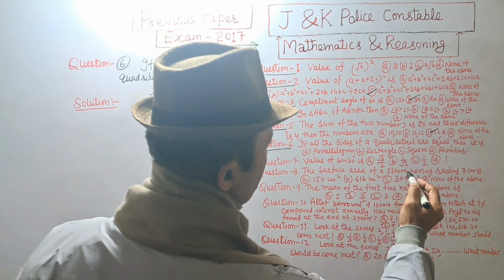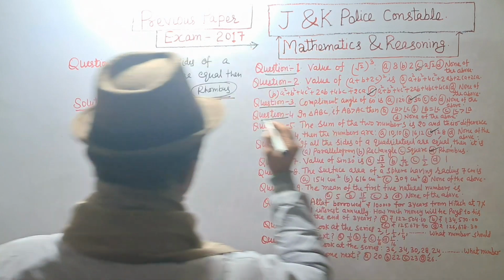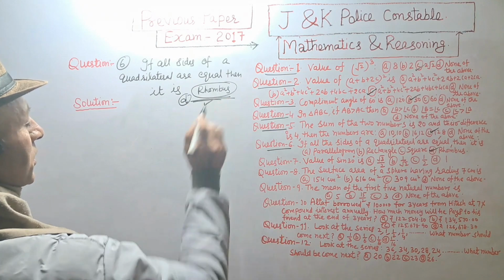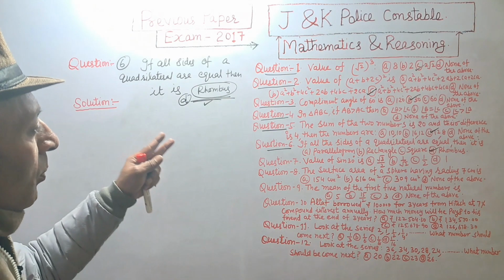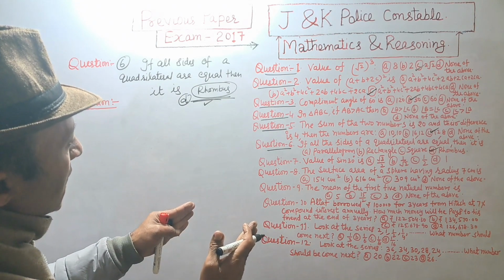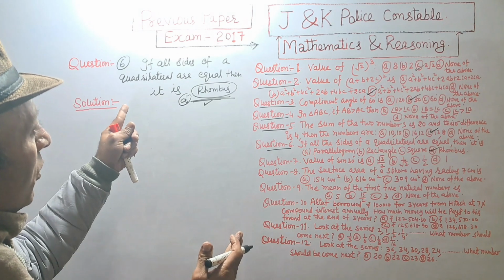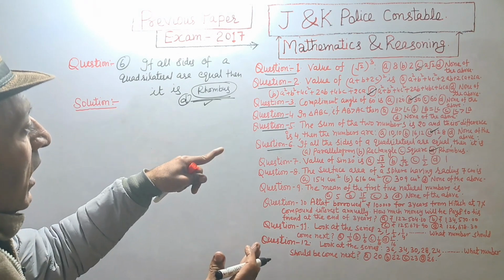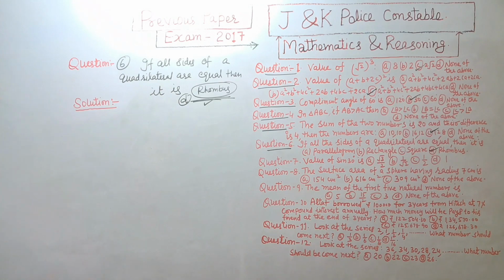Option number D. Option D is correct answer. In rhombus, all sides are equal. If all sides of quadrilateral are equal, then it's rhombus.